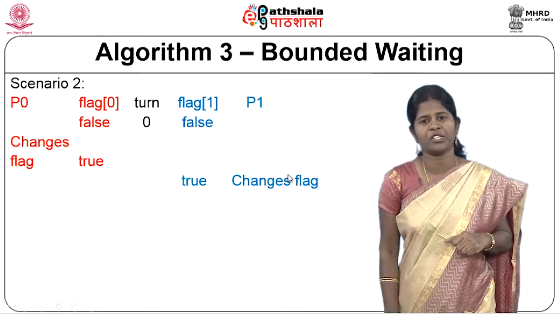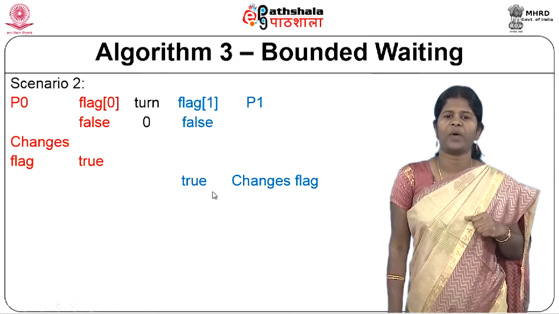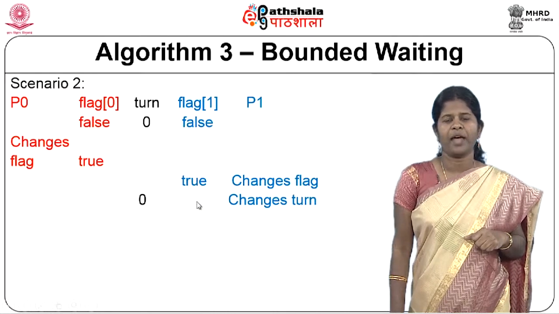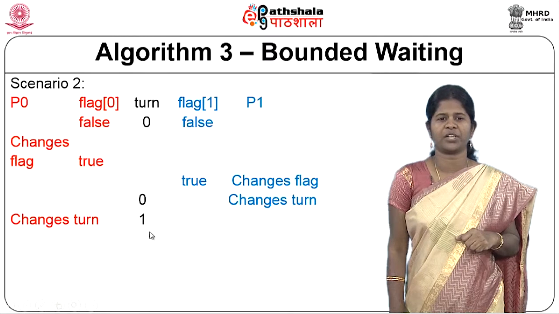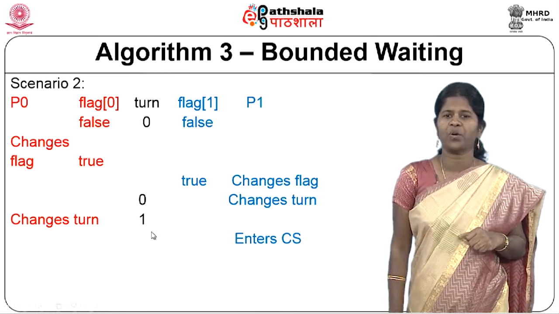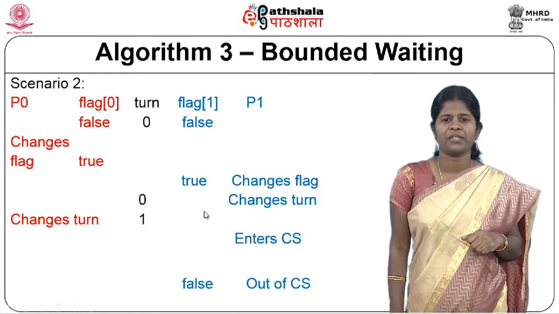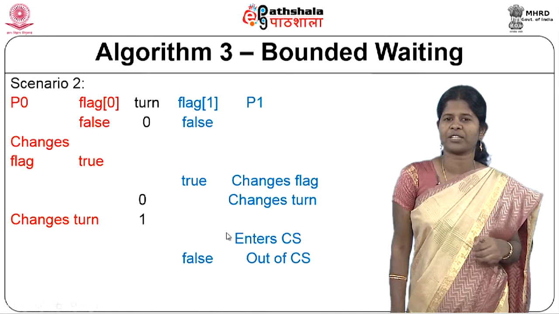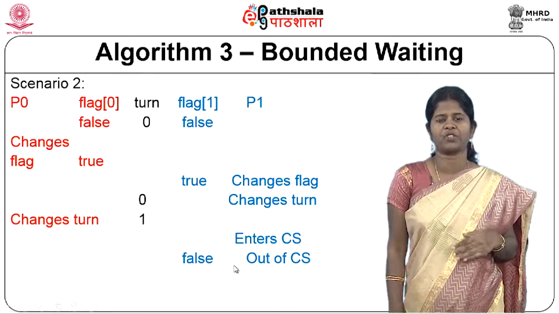Say process P1 also wants to enter critical section, it changes its value of flag, that is flag of 1 is set to true, and this changes turn to 1. So, who will enter critical section? Automatically P1 will enter critical section. Say P1 enters critical section and after coming out of critical section makes the value of flag to false.